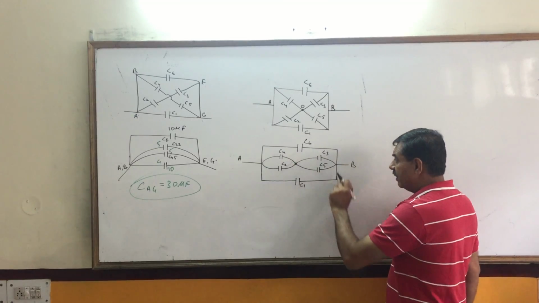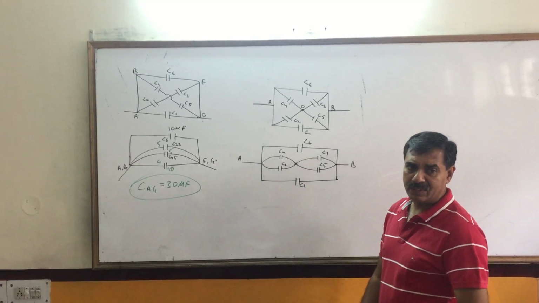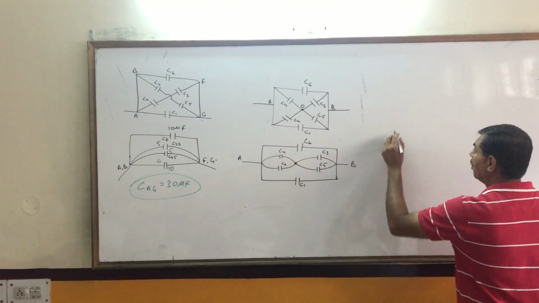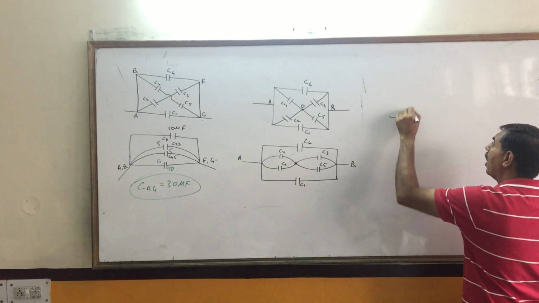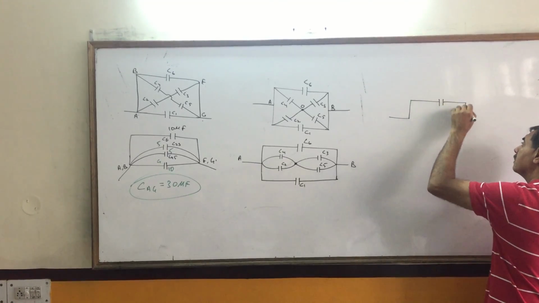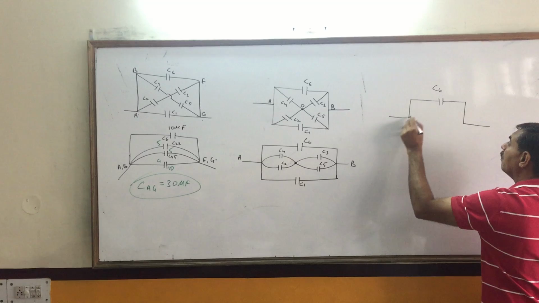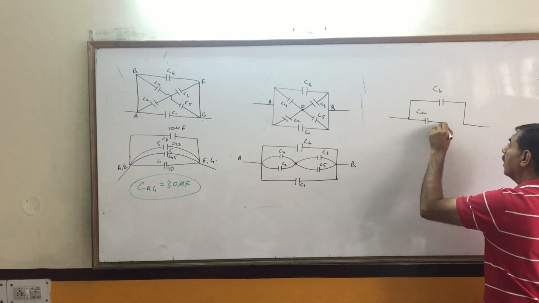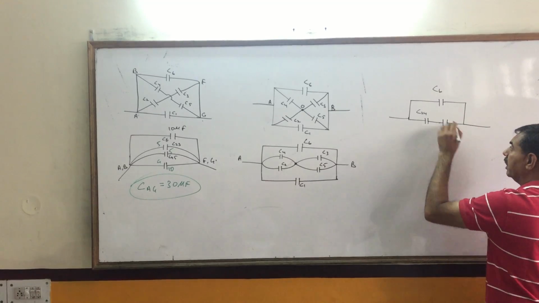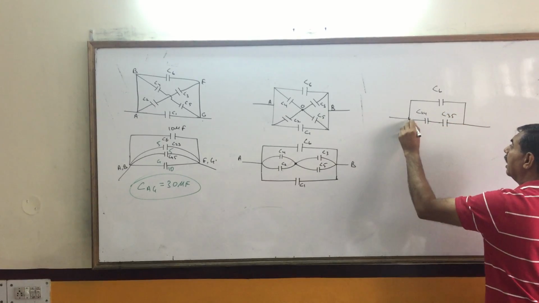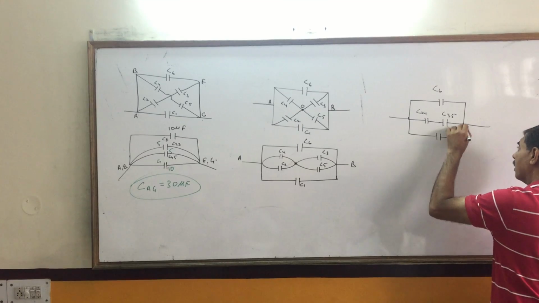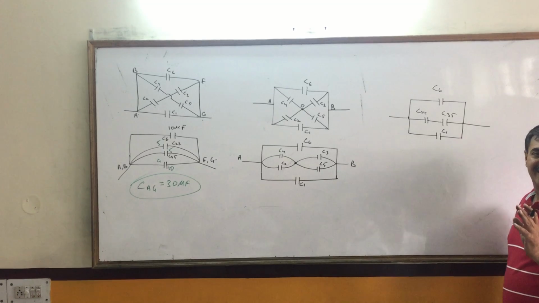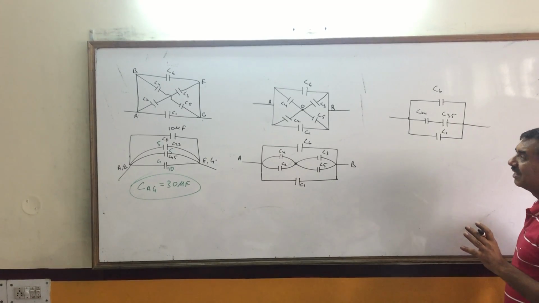C dash, C3 and C5 are in parallel, C double dash. Let me draw it out again. We have one of C6, one of C24, one of C35, and one of C1. Now it is visible very well.